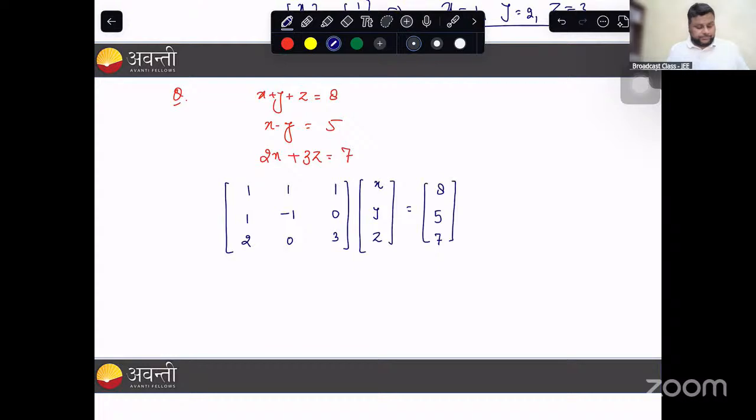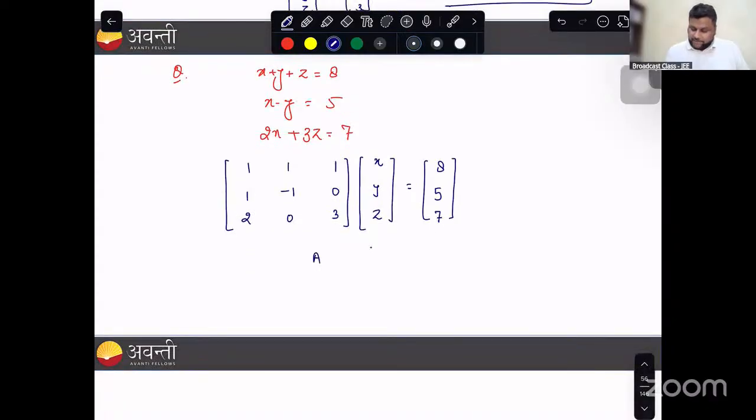Yes or no? Now this is your AX equals B. So your X is what? A inverse into B. That is adjoint A into B upon determinant of A. Fine.